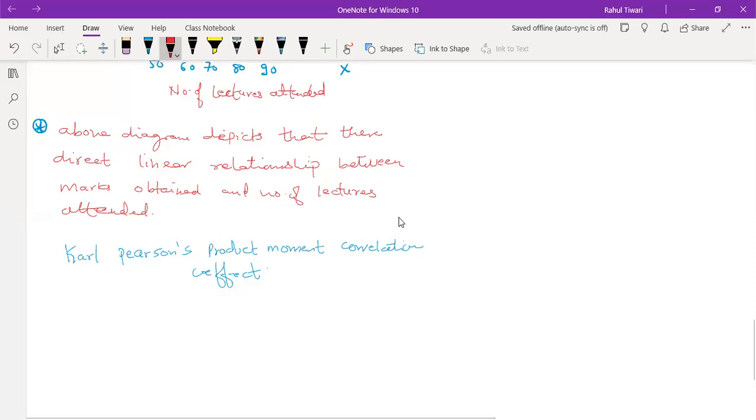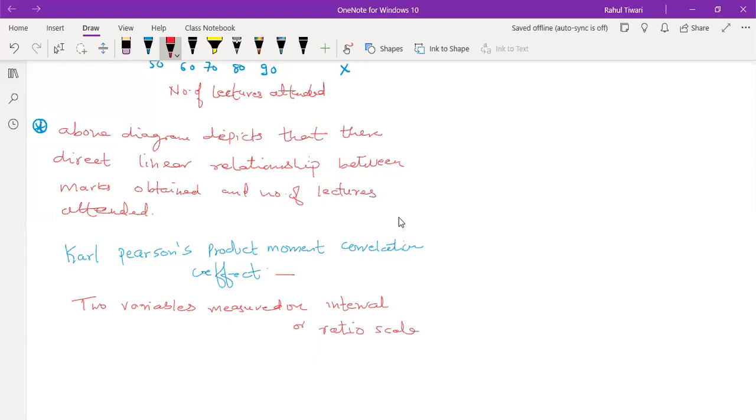This is used basically when we talk about two variables measured on an interval or ratio scale.